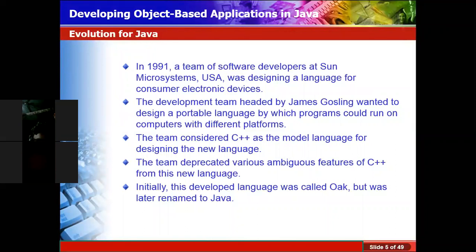James Gosling and team designed that software and tried to install it in devices. When they tried to install the same software in the devices, it was not compatible, and it was not possible for the manufacturer to change the device.